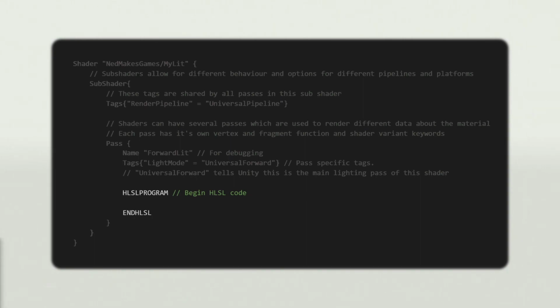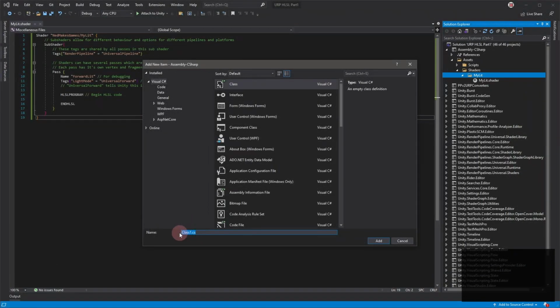URP shader code is written in a language called HLSL, which is similar to a streamlined C++. To mark a section of a shader file as containing HLSL, surround it with the HLSL program and end HLSL code words. To keep things organized, I like to keep HLSL code in a separate file from the .shader metadata. Thankfully, this is easy to do.